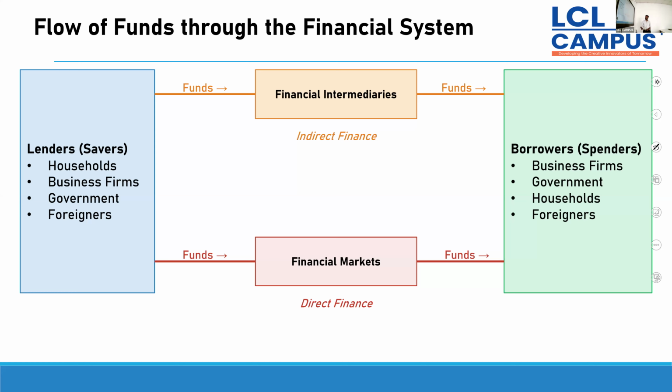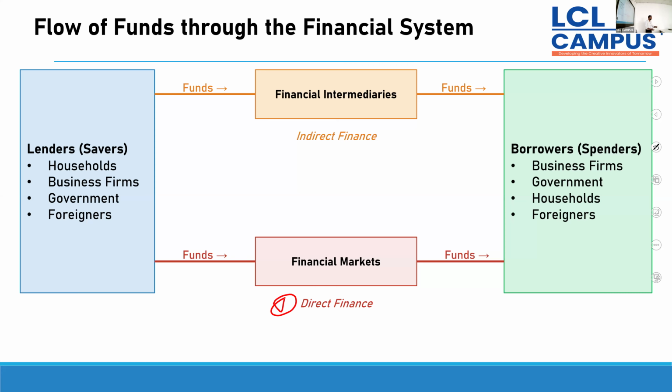If one of these wants money, they can do two types of finance. One is direct finance. Direct finance means you are borrowing funds through financial markets.